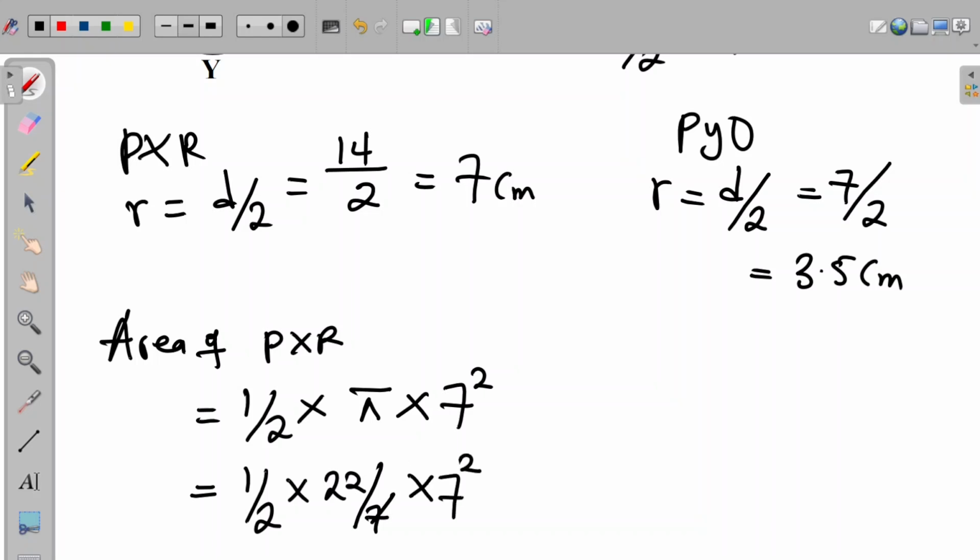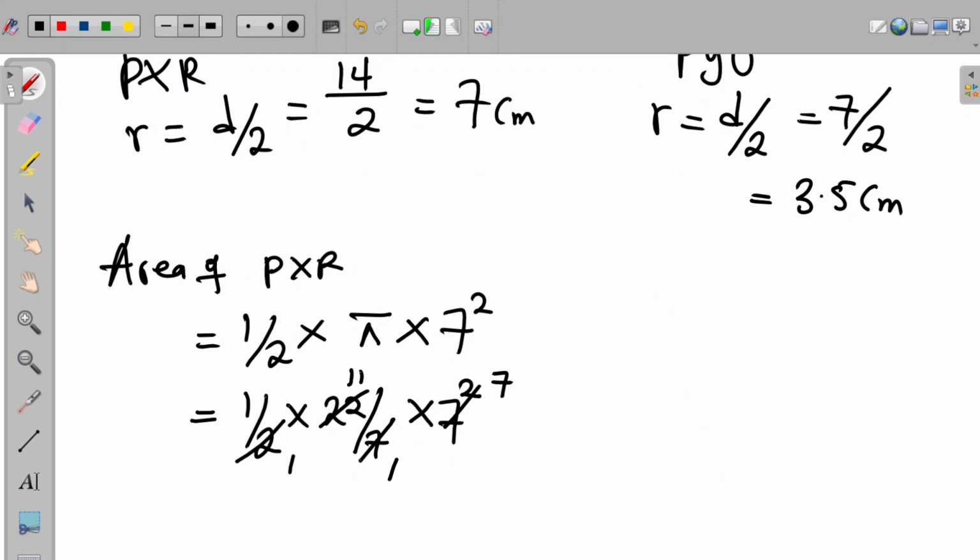So if 7 cancels itself, we have 1. If 7 cancels out 7 squared, we'll be having 7 remaining. So if 2 cancels itself, we have 1. 22 divided by 2 is 11. So therefore, the area is equal to 11 times 7, which is equal to 77 cm squared.